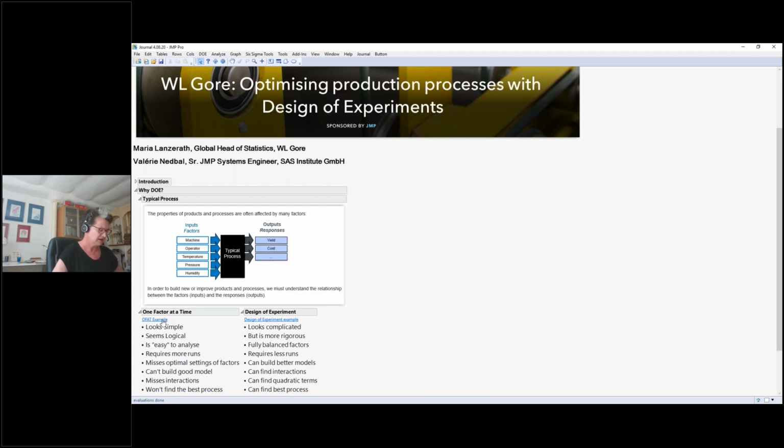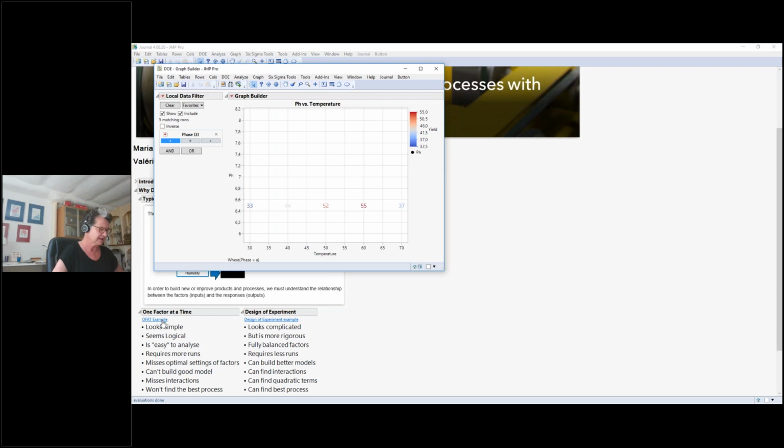So consider experimenting one factor at a time to determine the values of temperature and pH that optimize the yield. In an OFAT approach, you would keep one factor constant, for example pH, and vary the other.